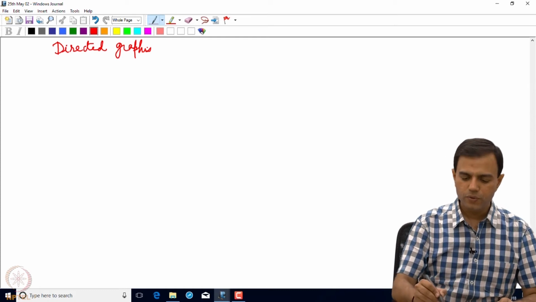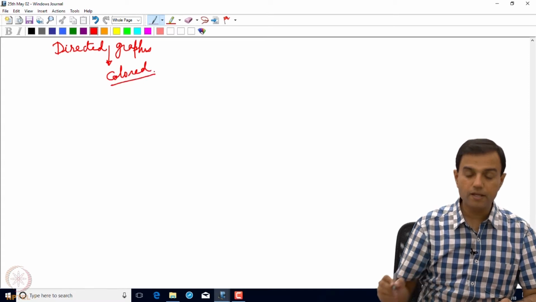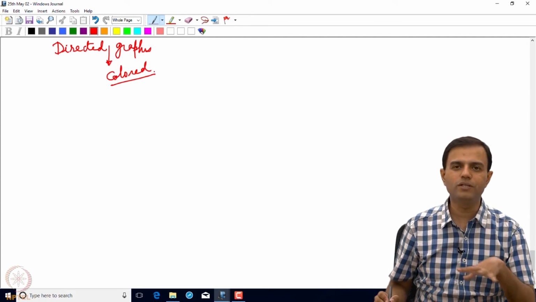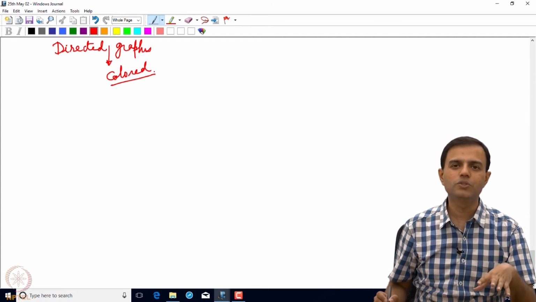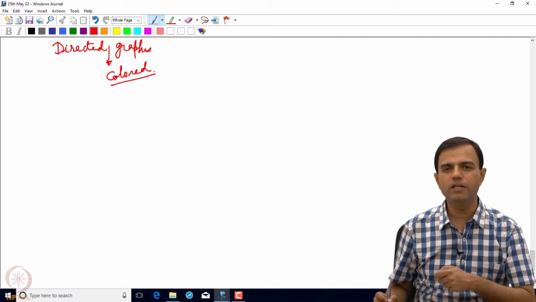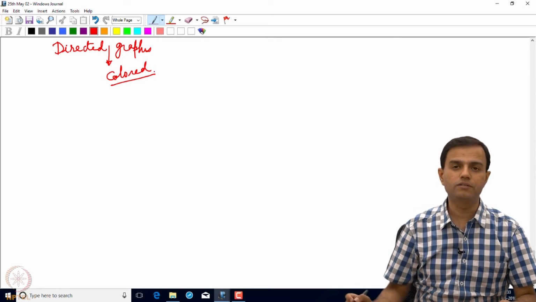In fact, you can also have directed colored graphs. So you can give some direction in that picture, you can also put some colors in that picture so that you have a way to understand which one is S3 and which one is abelian group of 6 order.